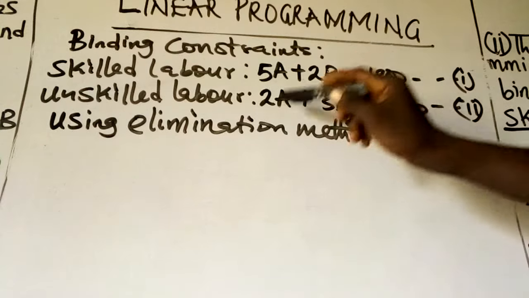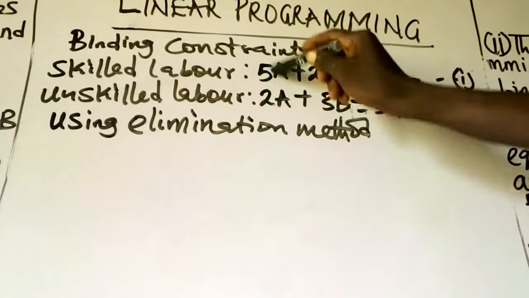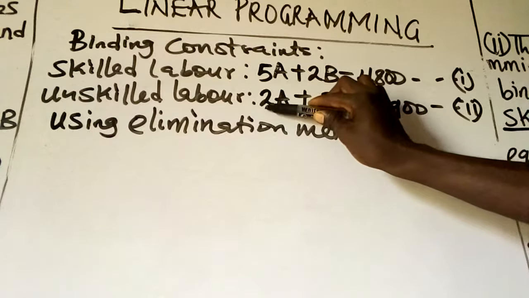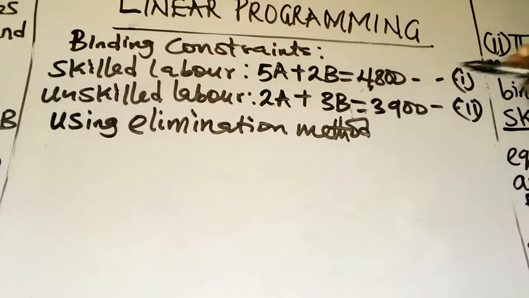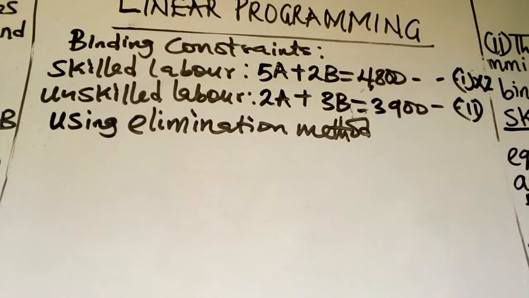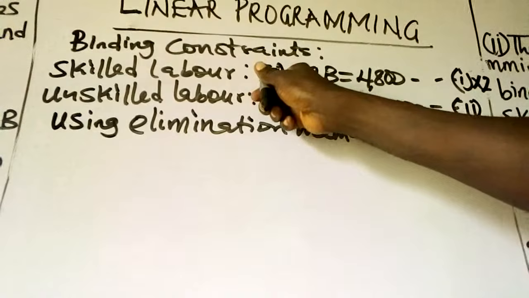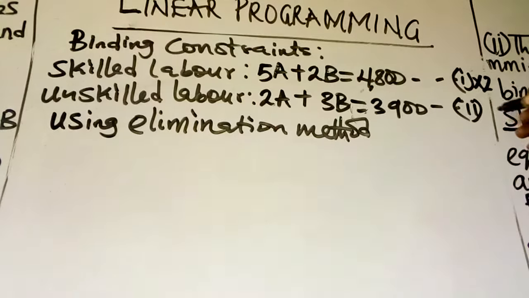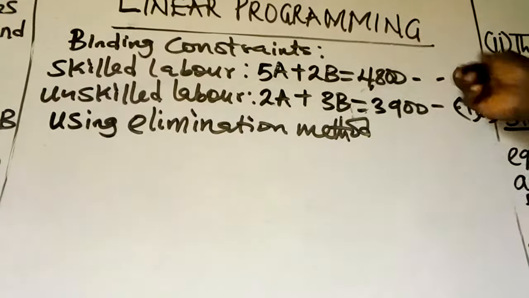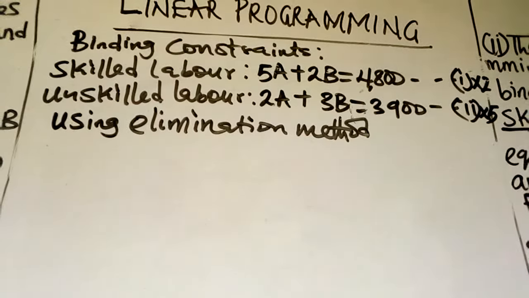So if you want the coefficient of A to be the same, you multiply equation 1 by the coefficient of A in equation 2, which is 2. Then multiply equation 2 by the coefficient of A in equation 1, which is 5.